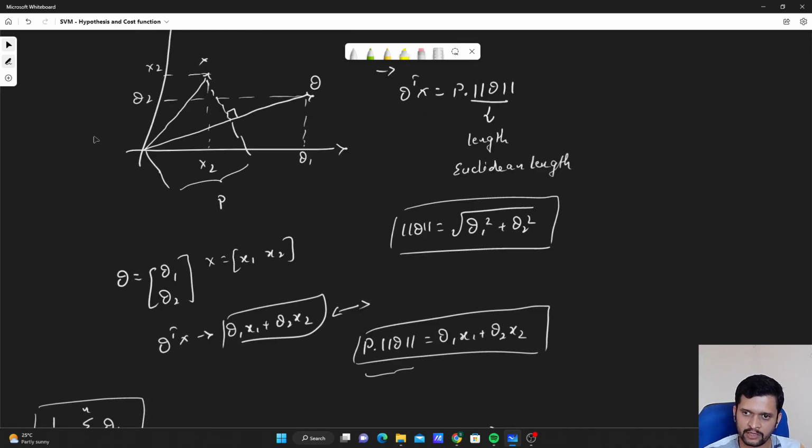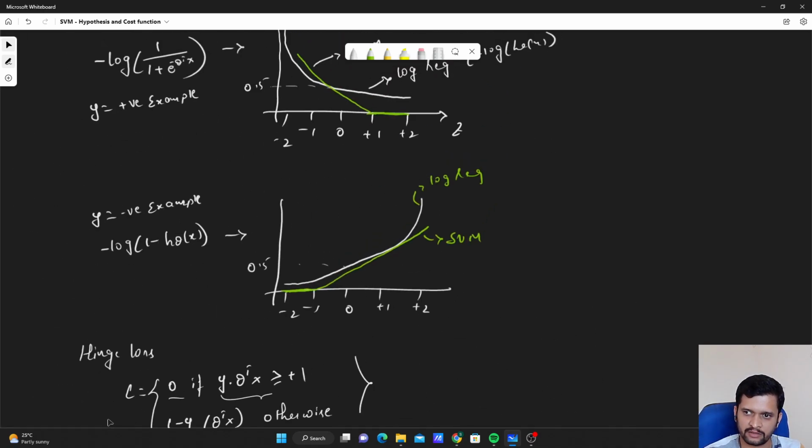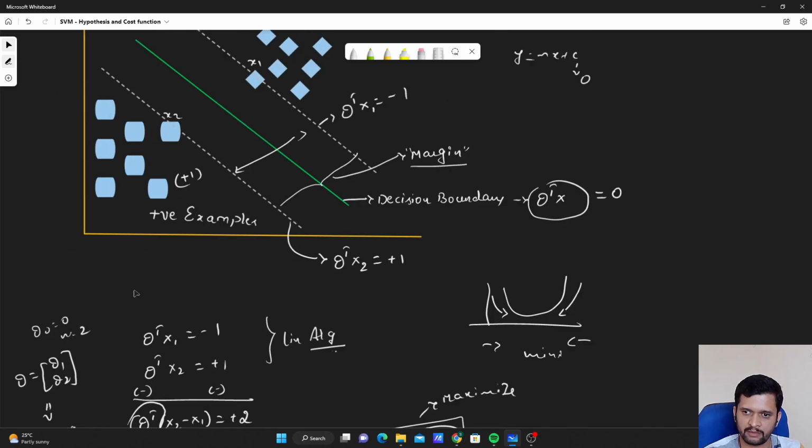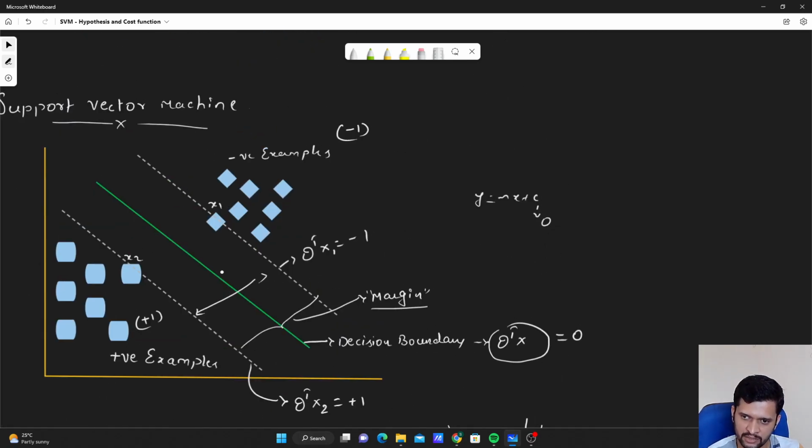Now if you look at this graph above, this distance is d minus and this distance is d plus, the distance with positive examples and the distance with negative examples. We want this d minus to be a large negative value, which deals with P in the equation P into norm of theta less than or equal to minus 1 for negative examples.